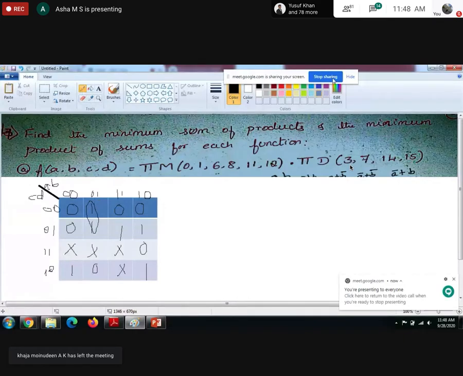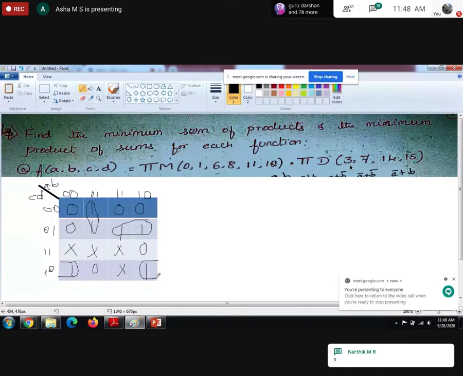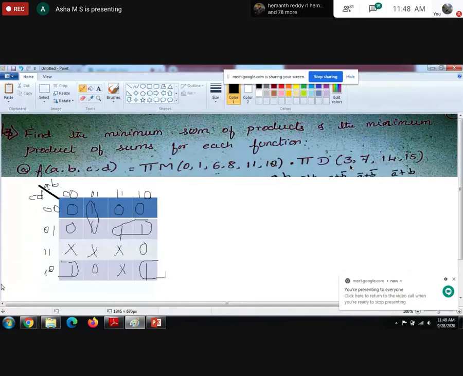1, 2. So this one and this one you need to fold over. So these are the pairs we got. So what about the SOP form?